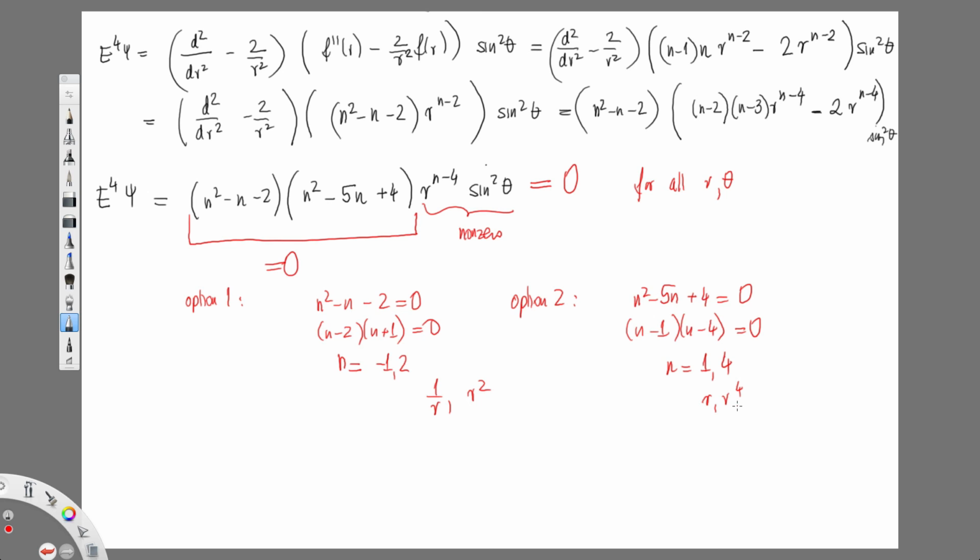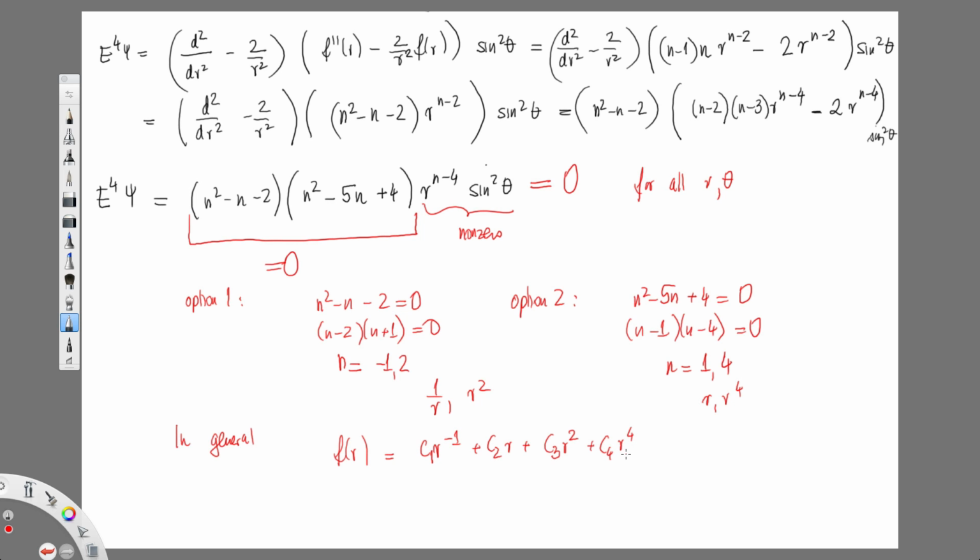So now our general f, since all of these work, I'm going to superimpose. So I'm going to assume that f of r is equal to c1 r to the minus 1 plus c2 r plus c3 r squared plus c4 r to the 4.